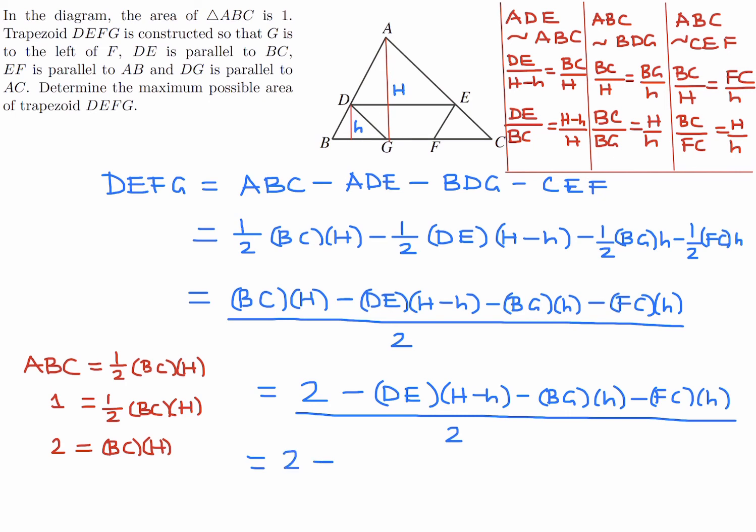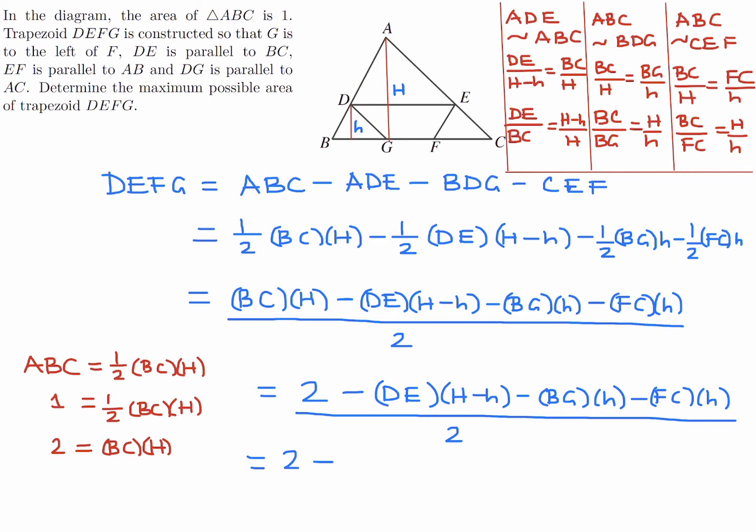So we've got 2 minus DE, but I'm going to use this to get rid of the DE. Since there's a BC everywhere, I think everything should be in terms of BC, and that's probably the best approach, because that seems to be common everywhere. All right, let's put DE in terms of BC.